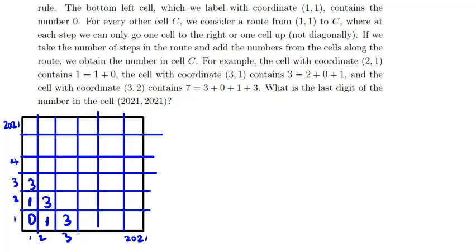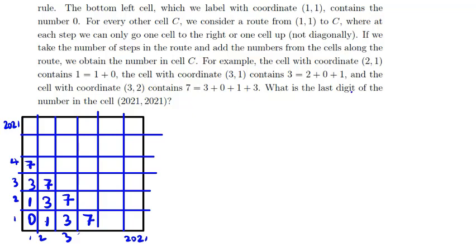Now consider the cell with coordinate (3,2). Let's count it: 3 steps, and the sum of the cells is 1 plus 3, which is 4, plus 3 steps, which is 7. So it is 7.